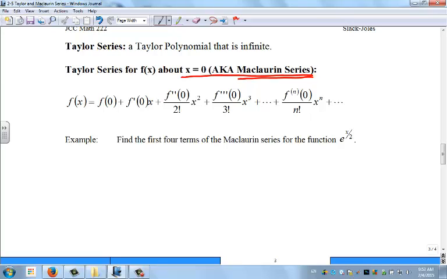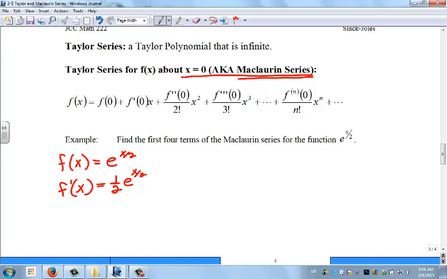So we're going to first find the Maclaurin series for e to the x over 2. I have f of x equals e to the x over 2, and then f prime of x is equal to 1/2 times e to the x over 2, because the derivative of the exponent x over 2 is the derivative of 1/2 x.